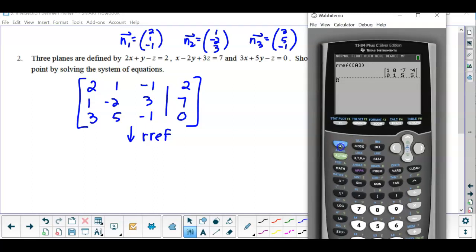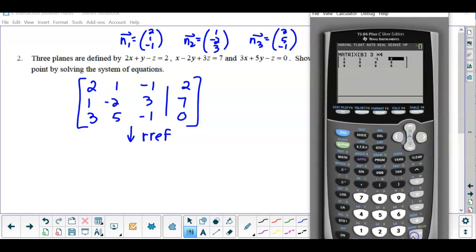All right, so matrix, I'm going to edit B. This is a 3 by 4: 2, 1, negative 1, 2; 1, negative 2, 3, 7; 3, 5, negative 1, 0.